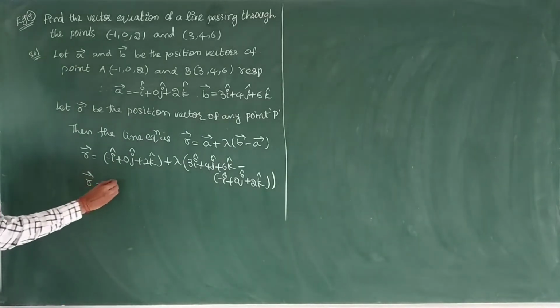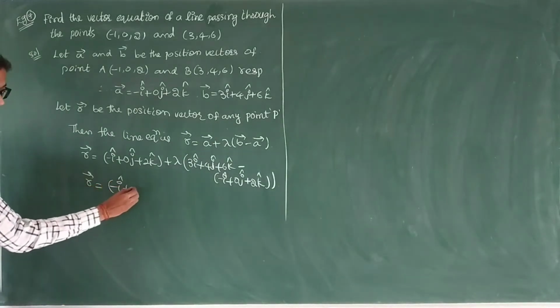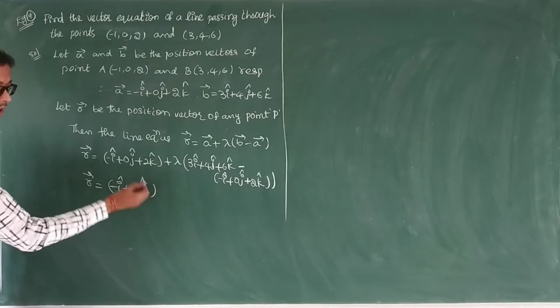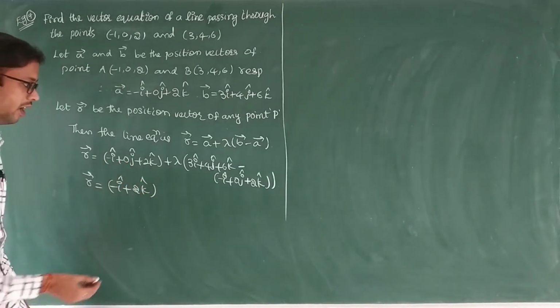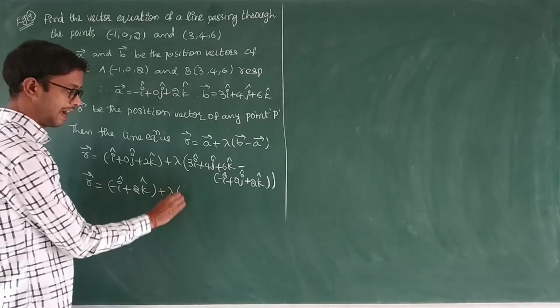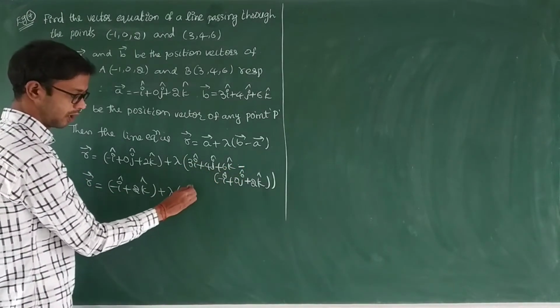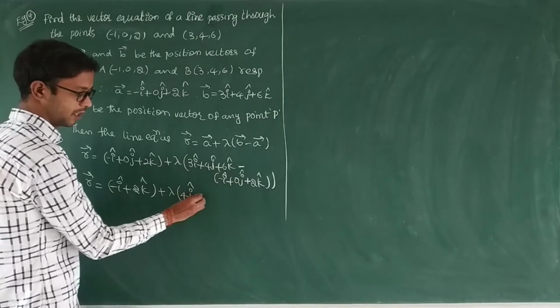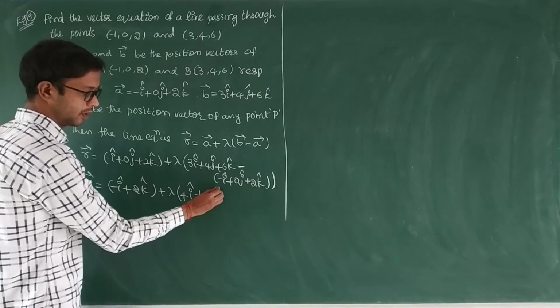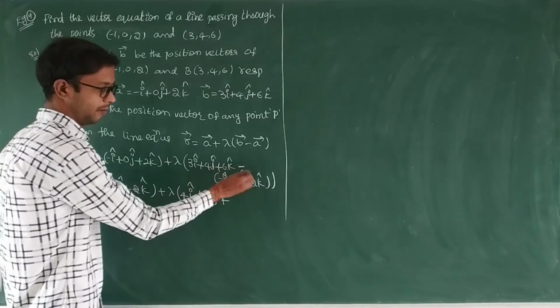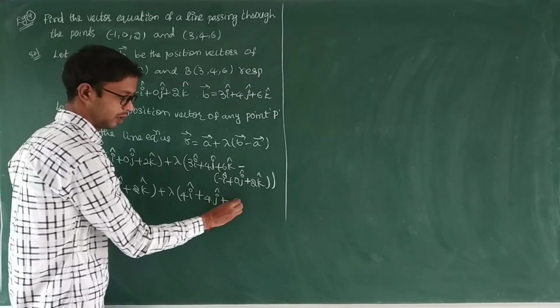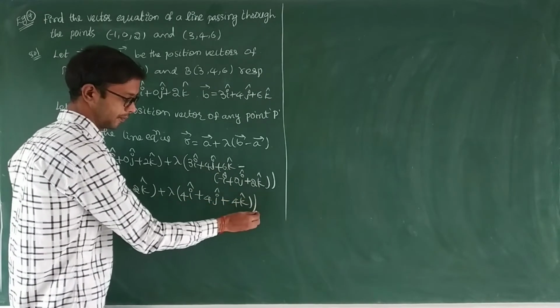R bar equal to minus i cap plus 2 k cap, 0 j cap I am removing here, plus lambda into 3 minus minus plus, so 4 i cap, 4 minus 0 is 4 j cap, plus 6 minus 2 is 4 k cap.